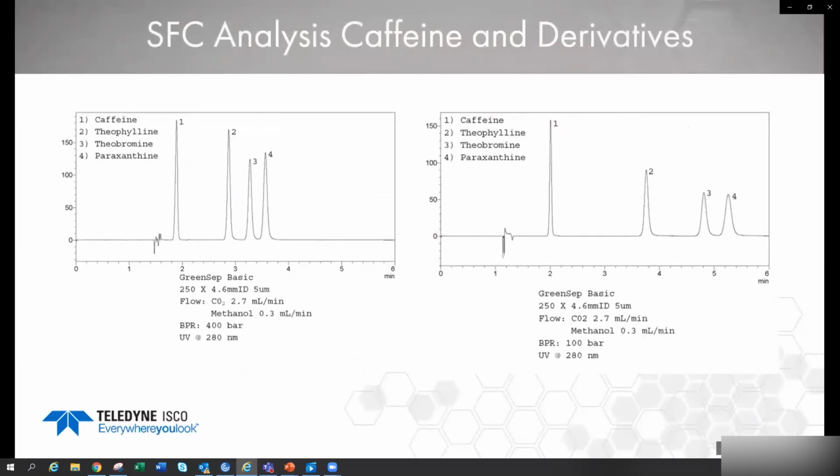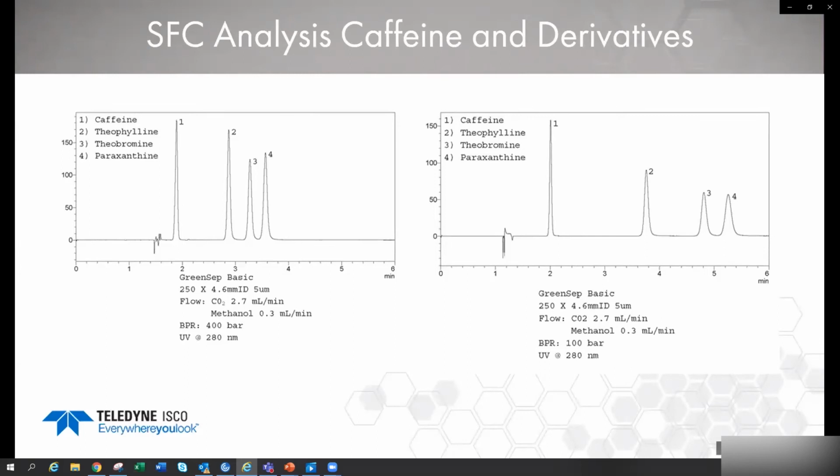Now, this is another slide for SFC. It's a little bit more interesting because what we're looking at here is 400 bar versus 100 bar. So instead of just having to worry about solvents and columns, now we have to throw in the added unknown of what your pressures are. Usually it's not a significant difference when you change your pressures, but in this particular case, you can see that we came way in on our retention.